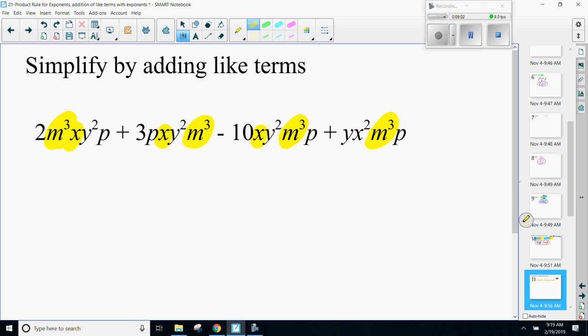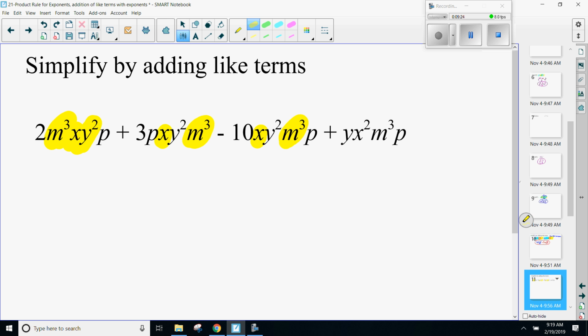What about this one? Oh, that's an x squared. It's different. So that means right now, since that is x squared, this is not a like term. Can't be the same.